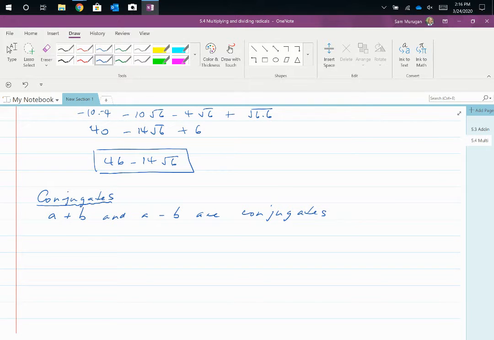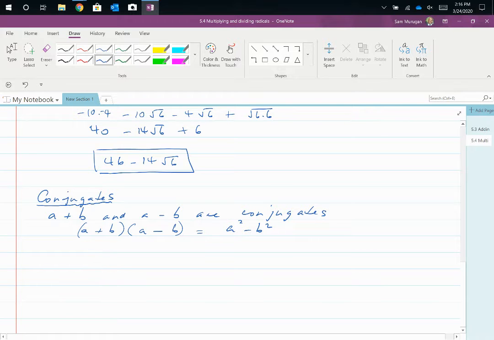Now, an interesting thing about conjugates is that if we consider A plus B, multiplying two radical conjugates, we call it a difference of squares, okay?